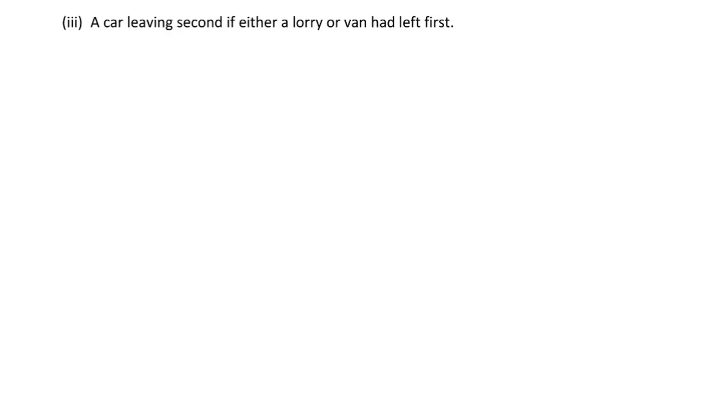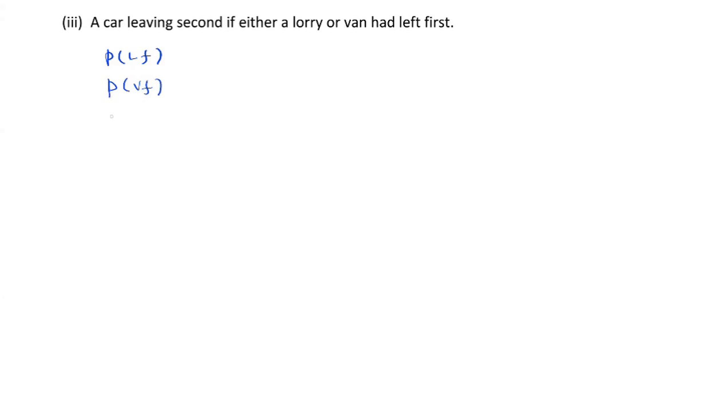For Roman 3, we are supposed to find the probability of a car leaving second if either a lorry or a van had left first. Okay, so let us assume P(LF) equals the probability of a lorry leaving first while a car leaves second, and then we are also going to assume P(VF), the probability of a van leaving first while a car leaves second.